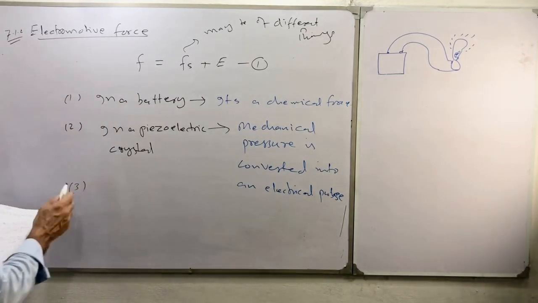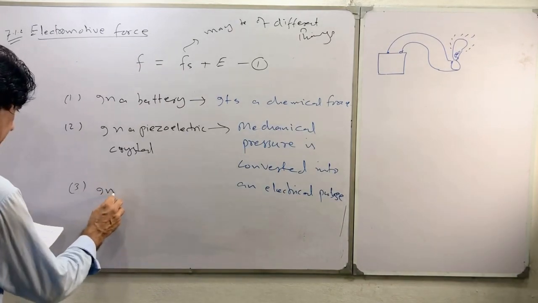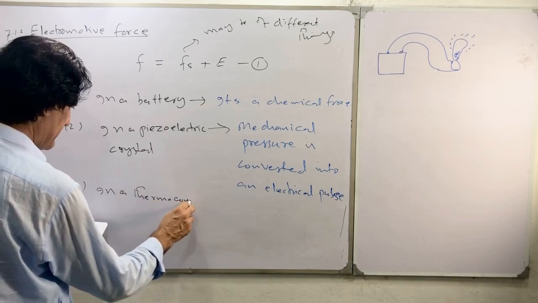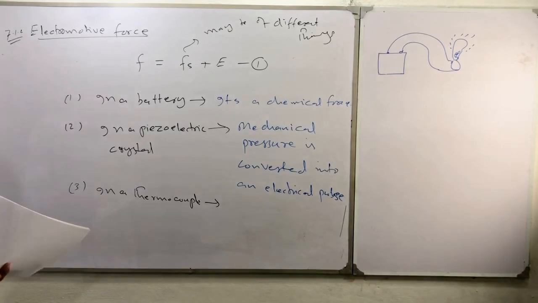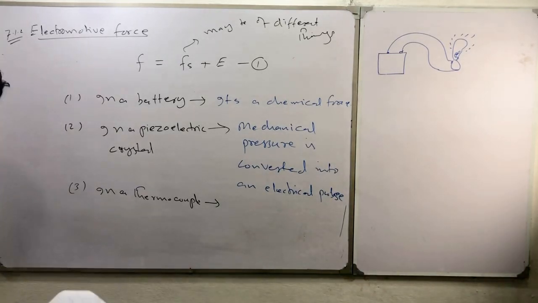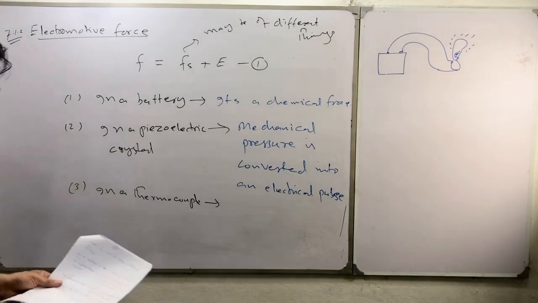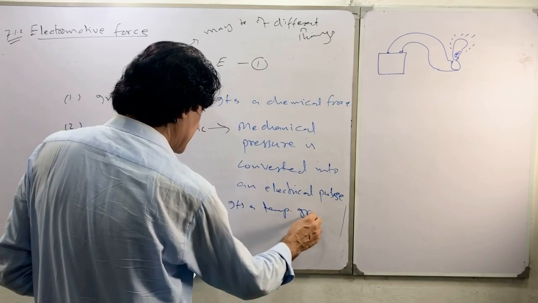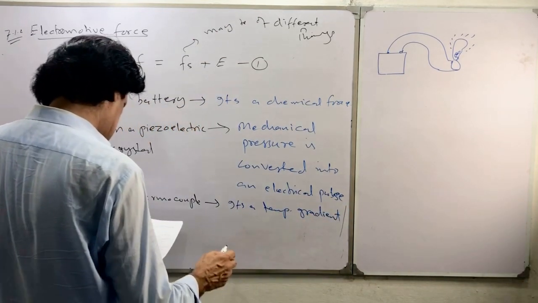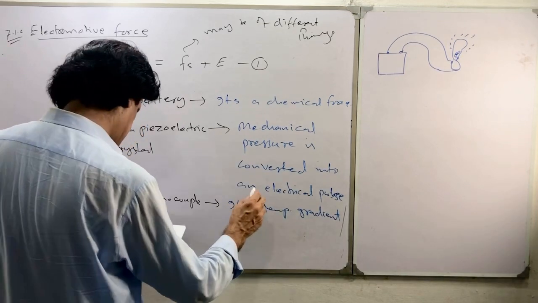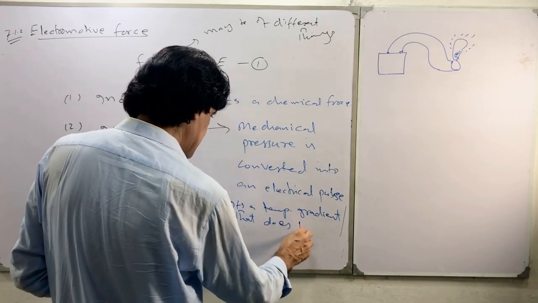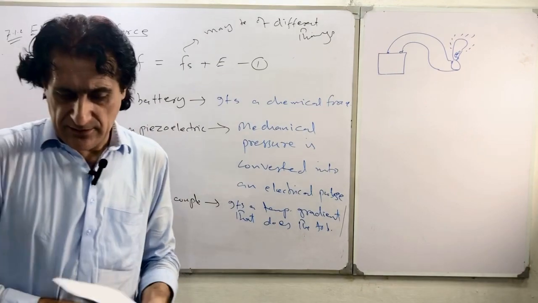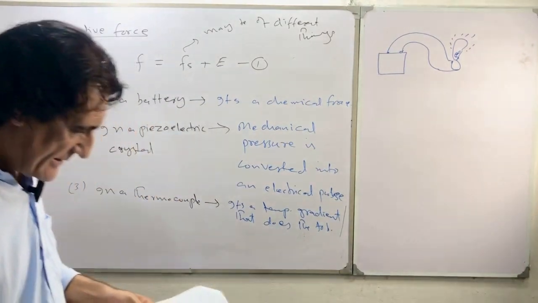Number third, in a thermocouple, it's a temperature gradient that does the job. These are the different sources that can influence the charges.